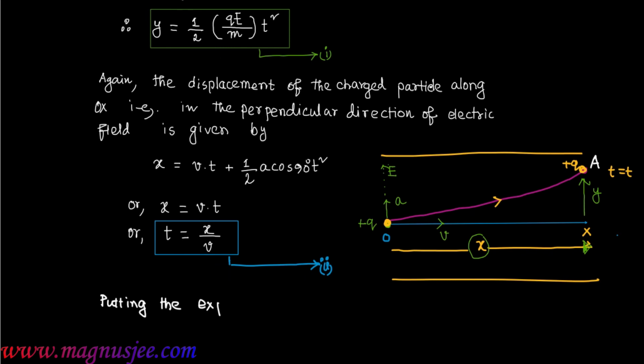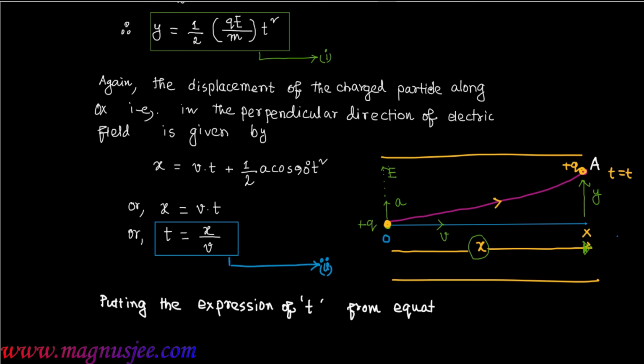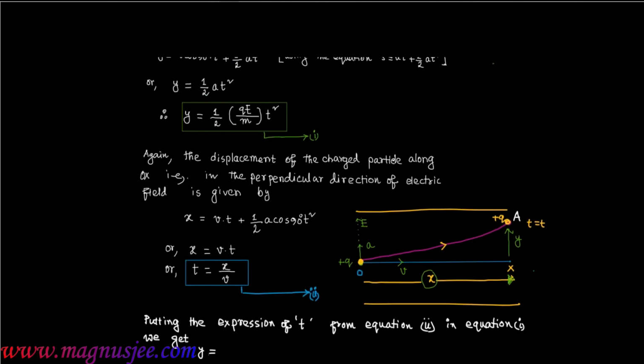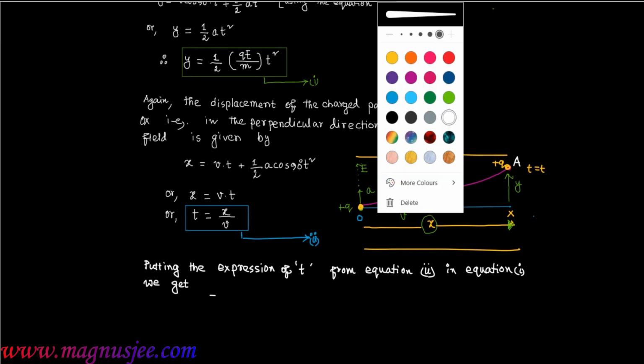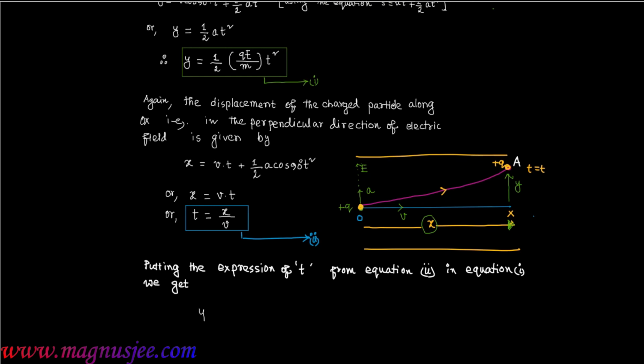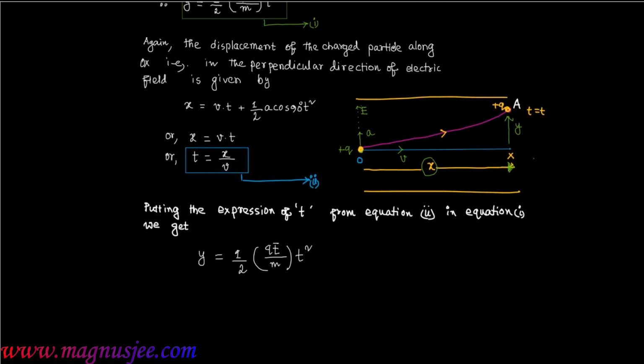Putting the expression of time t from equation 2 in equation 1, we get y equal 1 by 2 (qE by m) into t square, equal 1 by 2 (qE by m) (x by v) whole square.